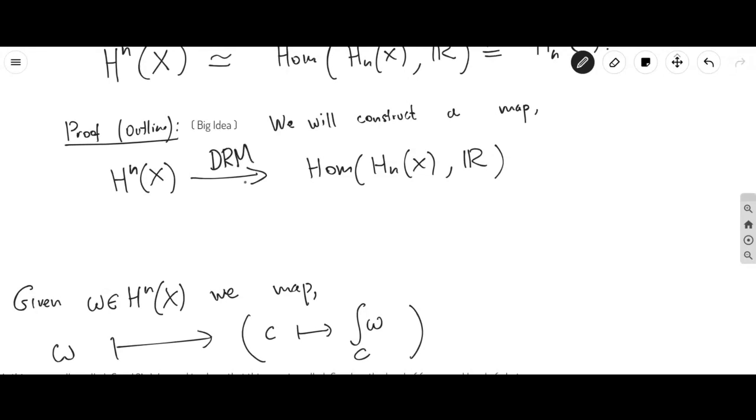The de Rham map. So how does it do it? If omega is chosen in here, then the de Rham map of omega is there.